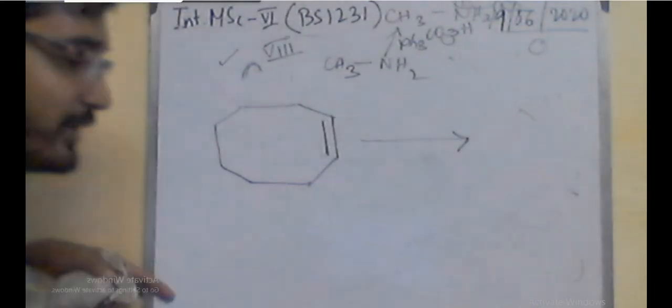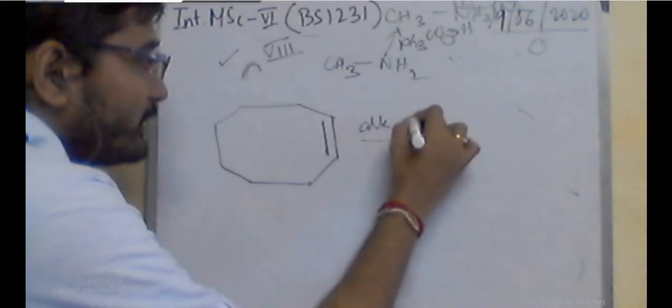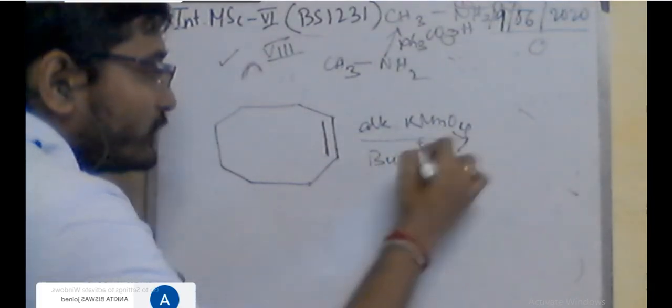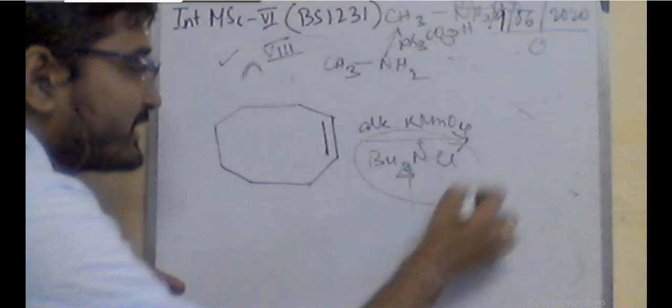And this is the aqueous alkaline KMnO4. So that can prepare the diol with OH groups. So again this is the oxidation and you will get the cis alcohol or syn diol.